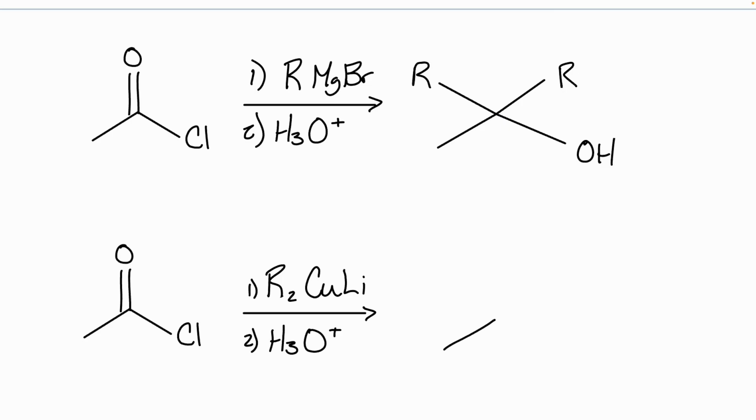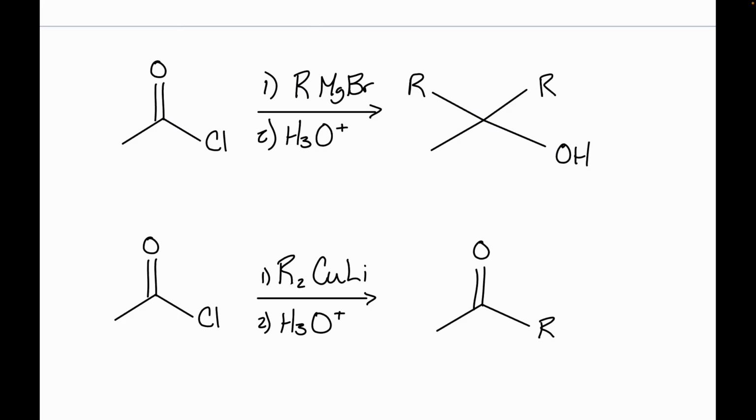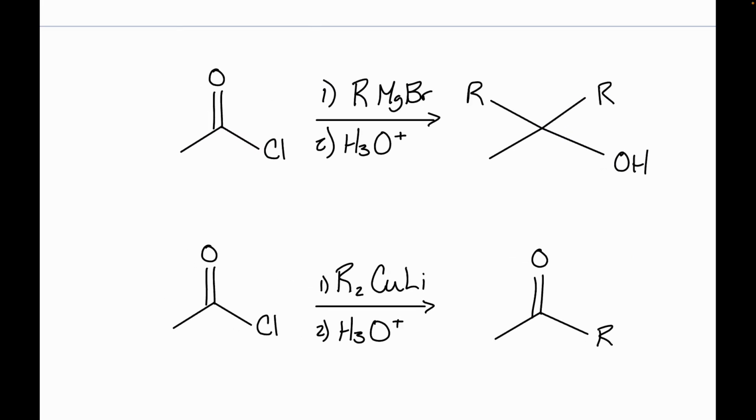All right, and that weaker Gilman will only put one R group on there, leaving that carbonyl group intact. And we've kind of seen this before. Grignard and Gilman are very analogous reagents, but Grignards are stronger. Gilmans aren't as good of a nucleophile, so it'll stop at that ketone step.